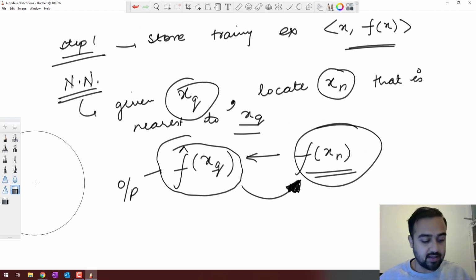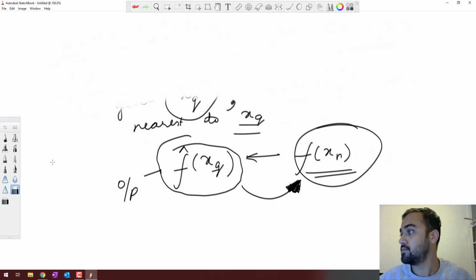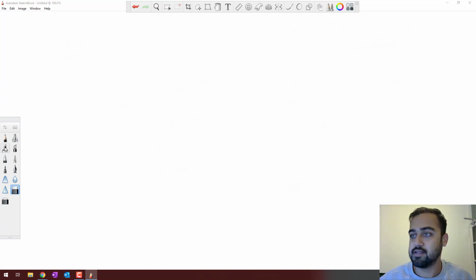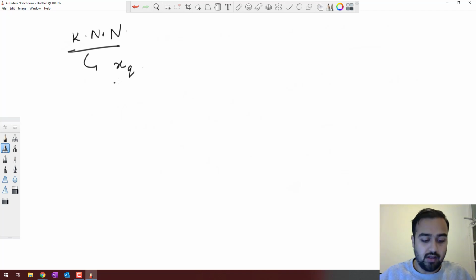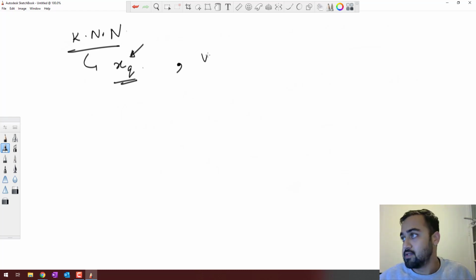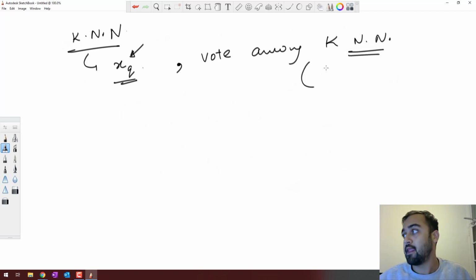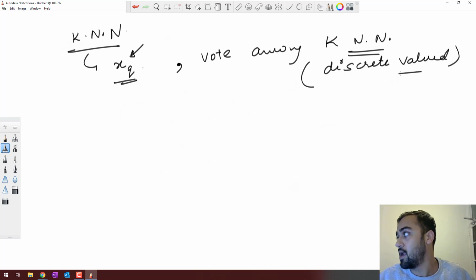But what if you consider k closest neighbors, right? If you're considering k closest neighbors, that is kNN, k nearest neighbors, given xq as a new instance, you take a vote among the k nearest neighbors if your target label is a discrete value, discrete valued as in yes or no, right?